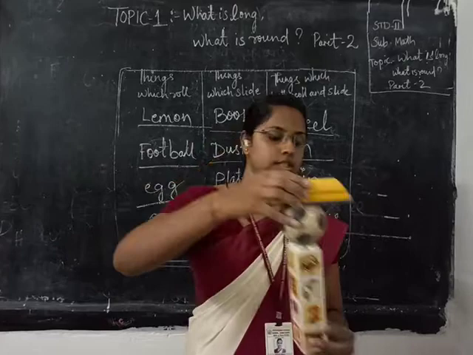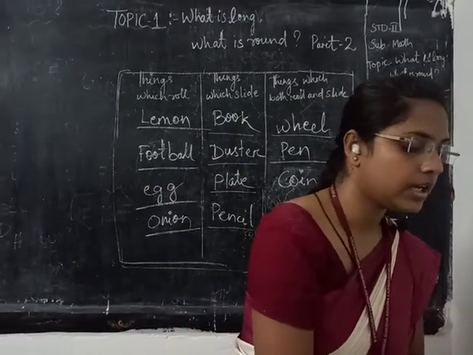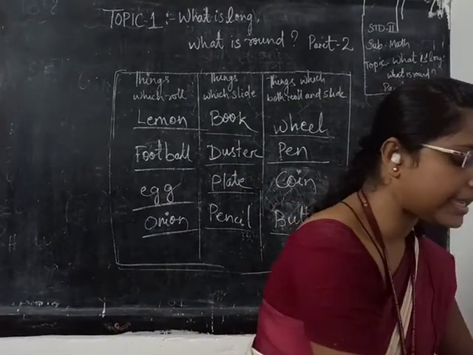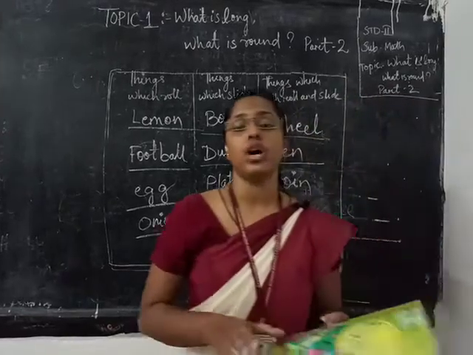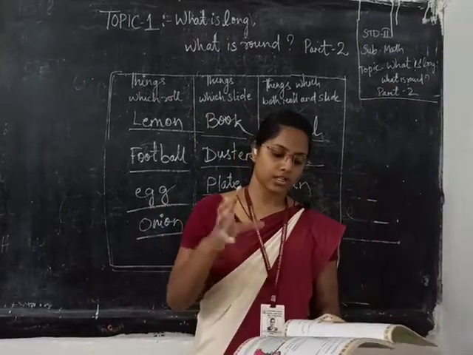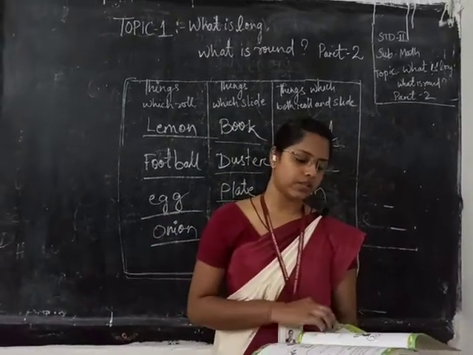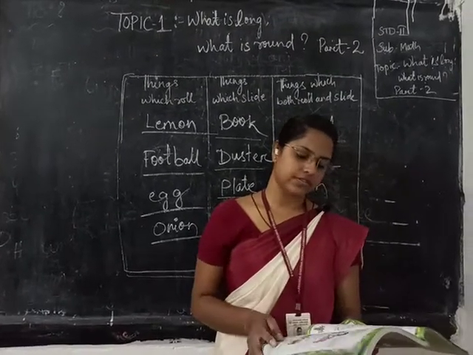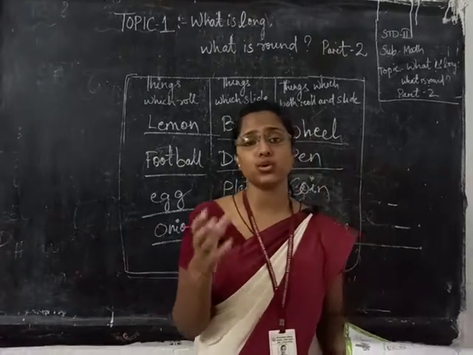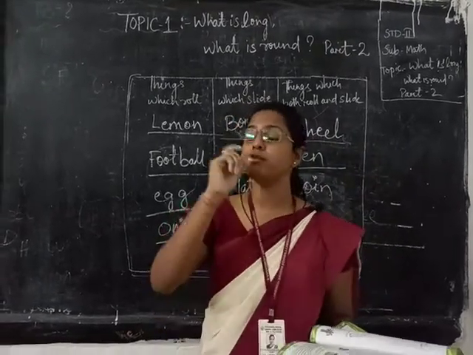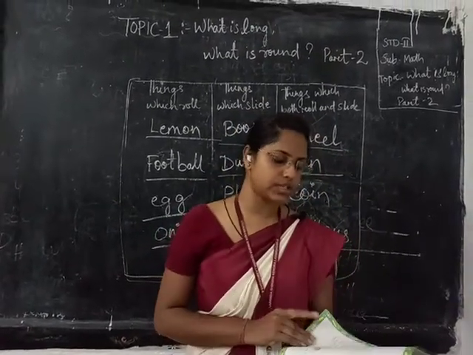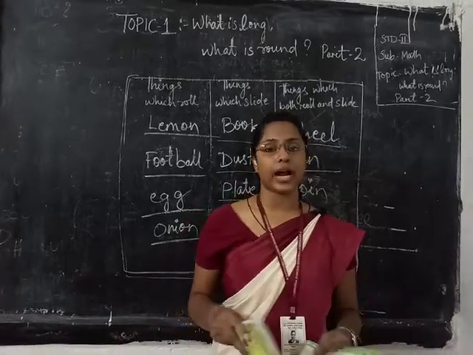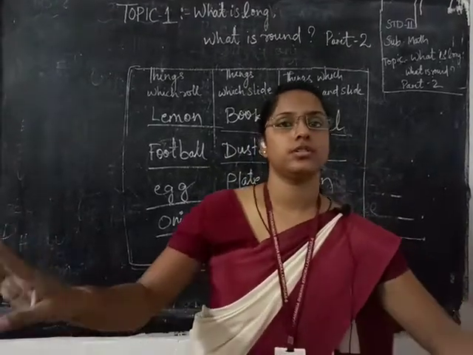If the ball rolls down, my tower will be destroyed. Like this, it's your homework to take some objects and make a tower of those things. For example, you can use your match boxes, your cold drink cans. So that part you have to do.